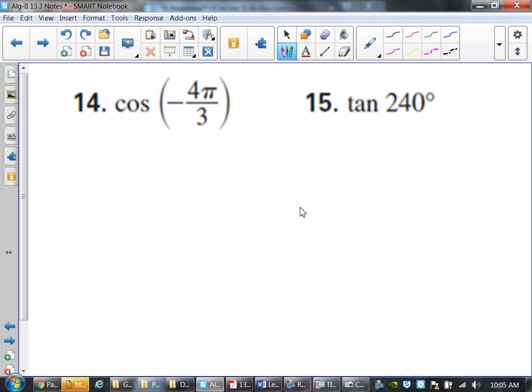Cosine of negative 4 pi over 3. Do I keep giving you first or second quadrant problems? Spin it. You've got to go down and up. What's my reference angle?